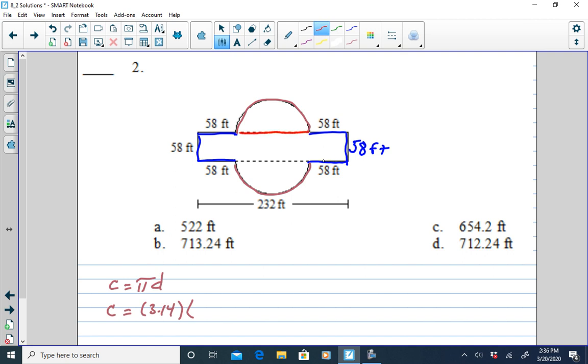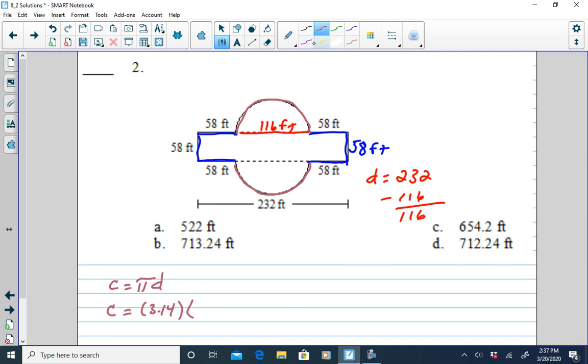If we know this entire distance is 232, and from here to here is 58, and from here to here is 58, the diameter is going to be equal to 232 minus 58 times 2, which is 116. So if we take 116 away from 232, the diameter is also going to be 116 feet.